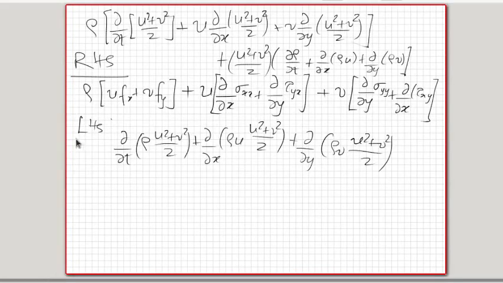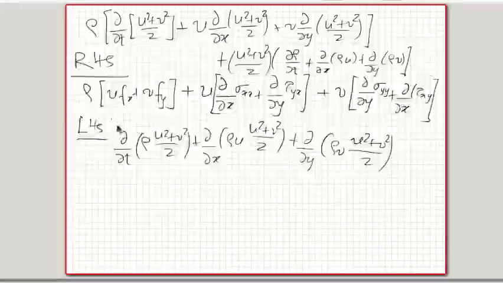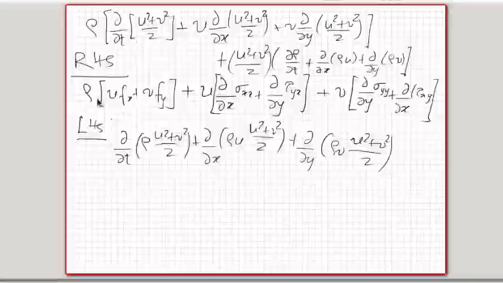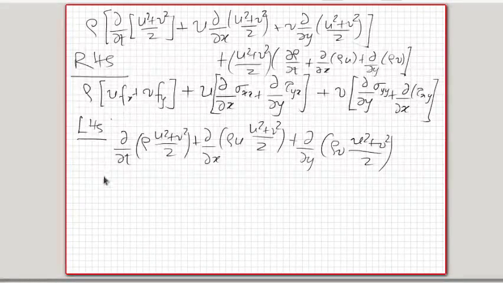Okay, so this is basically obtained from the momentum equations multiplied respectively by u and v, the x momentum equation by u and y momentum equation multiplied by v, and added together.